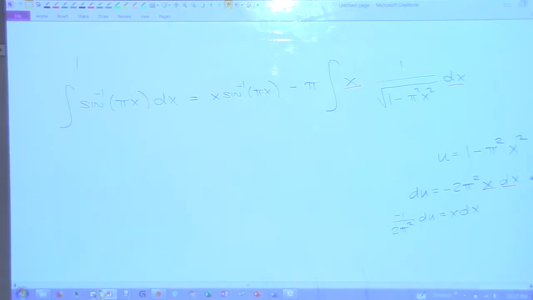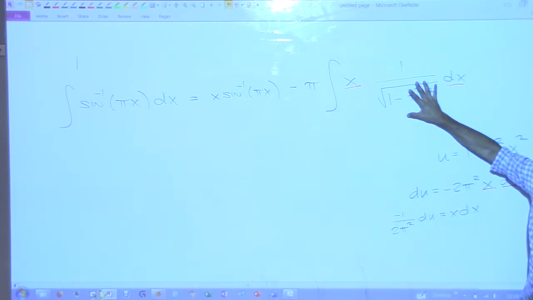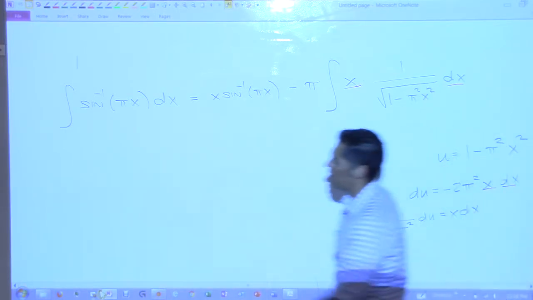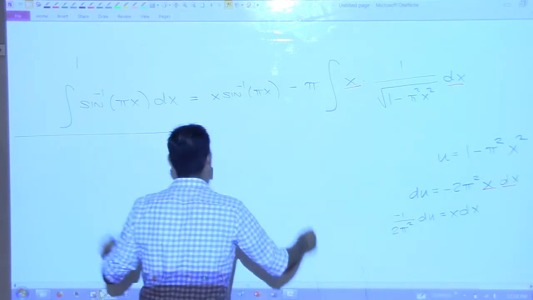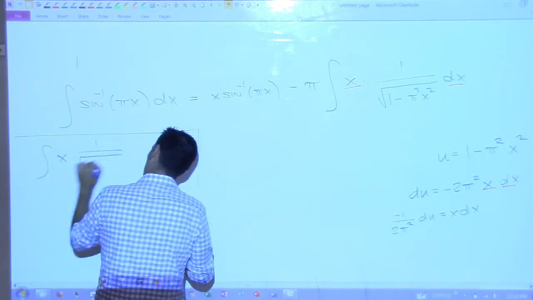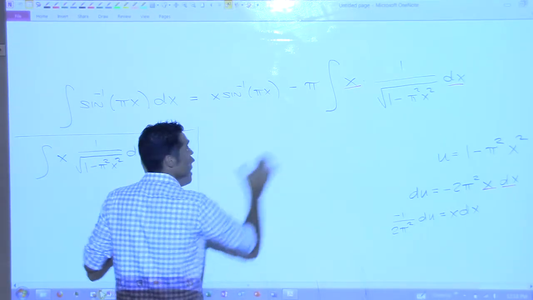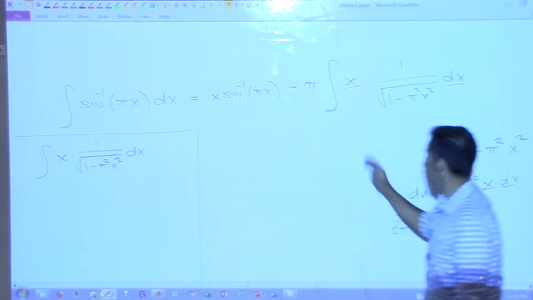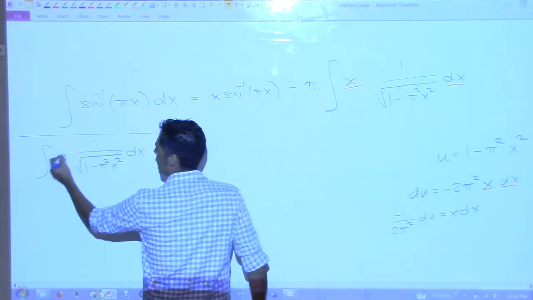So at this point, can't I rewrite this integral? I'm going to do it over here because this is almost like scratch work. What does the integral of x times 1 over the square root of 1 minus pi squared x squared dx become in terms of my substitution? What does x dx become?